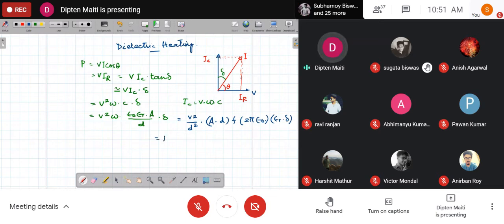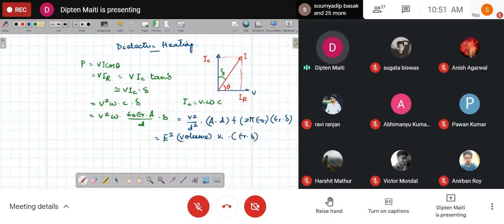So V square by D square is the electric field square, and A into D is the volume of the material, that is the dielectric inside, which gets affected due to the heat generated, and there will be increase in the temperature. So the rest is some constant, and this is a dielectric factor epsilon naught into delta, property of the dielectric material.